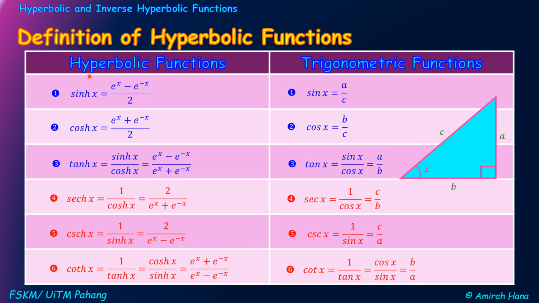But in hyperbolic function, we base on exponential function. From here, all hyperbolic functions should have h. We must put h. It's similar to trigonometric function, but we must put h.